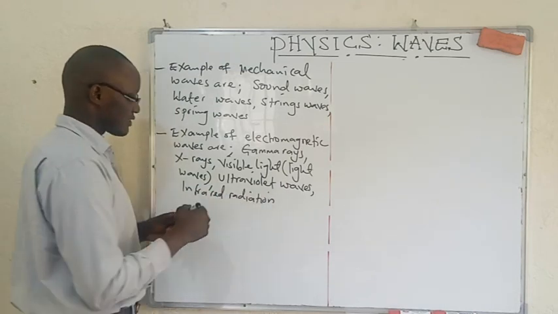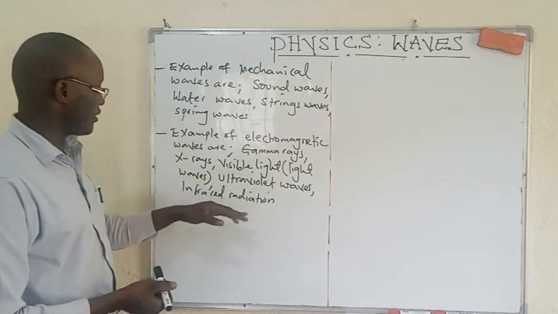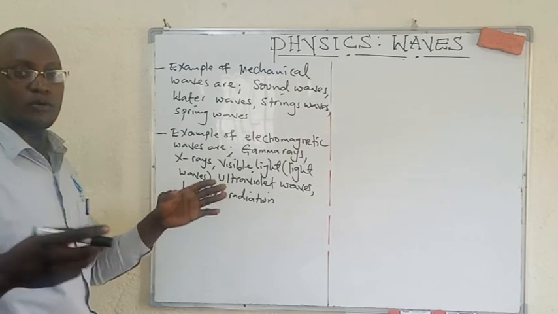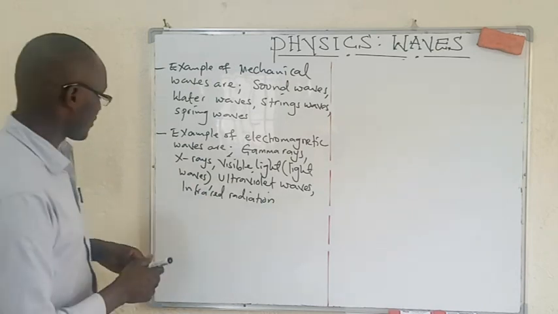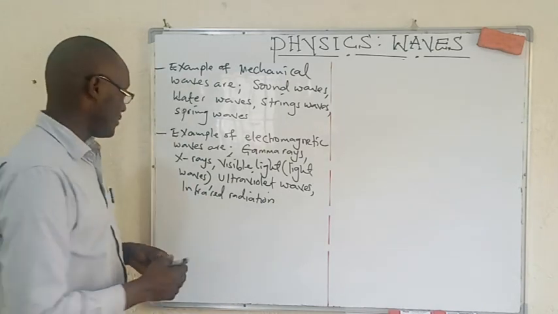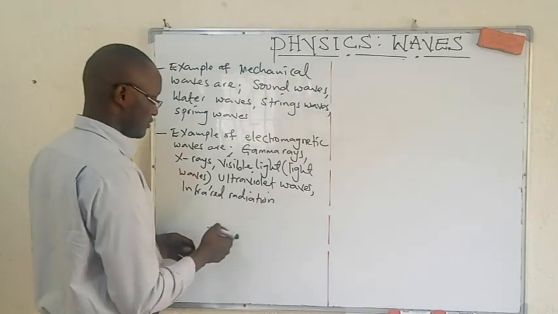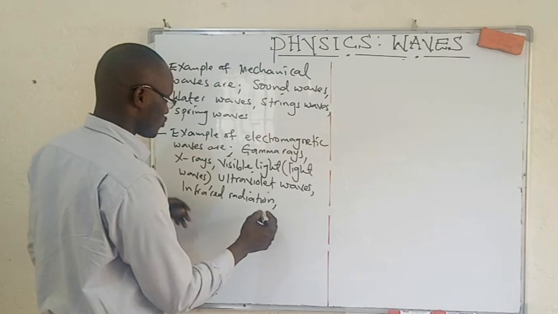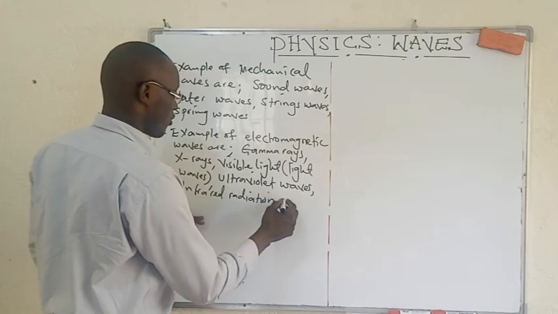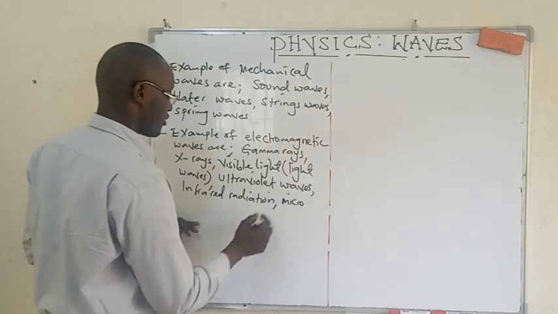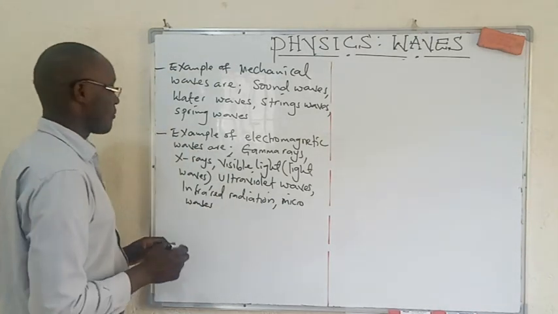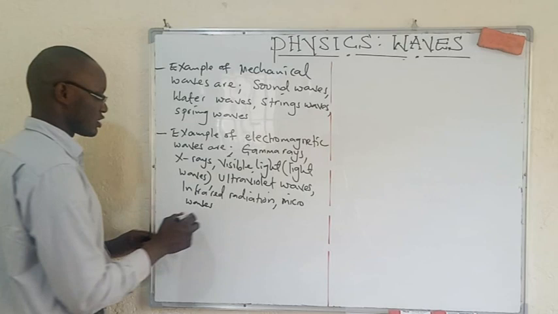So we shall see that the sun can emit both ultraviolet and infrared, but at different intervals of a particular day, as we shall see with time. So infrared radiations, mostly by very hot bodies. Okay. Then talk about what we call the microwaves. Microwaves are also examples of electromagnetic waves.